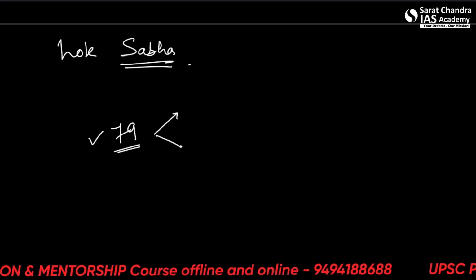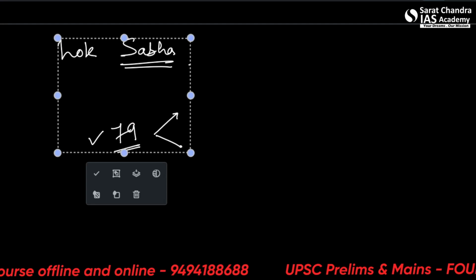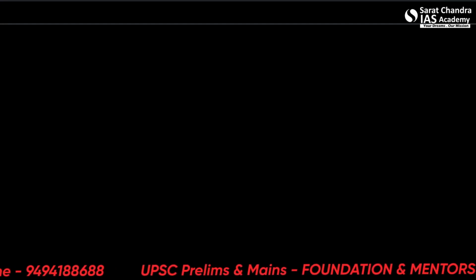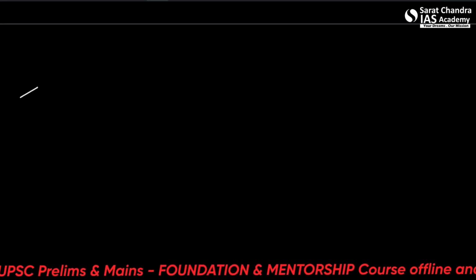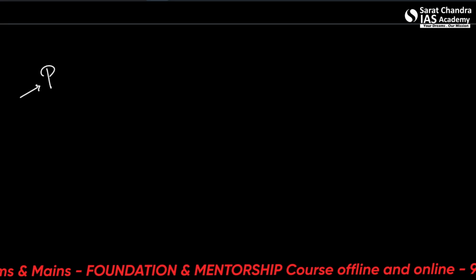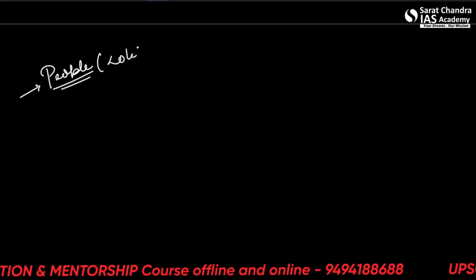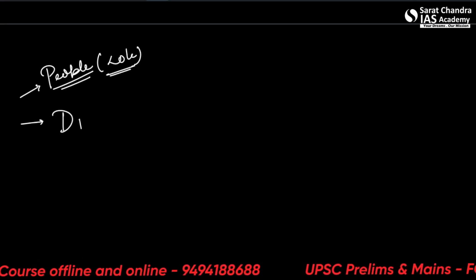So it's defined in Article 79. Now we are reading about the Lok Sabha. The Lok Sabha is composed of representatives of the people chosen by direct elections. It is the House of the People, that's why it's known as Lok; Lok means people. And the representatives are directly elected.